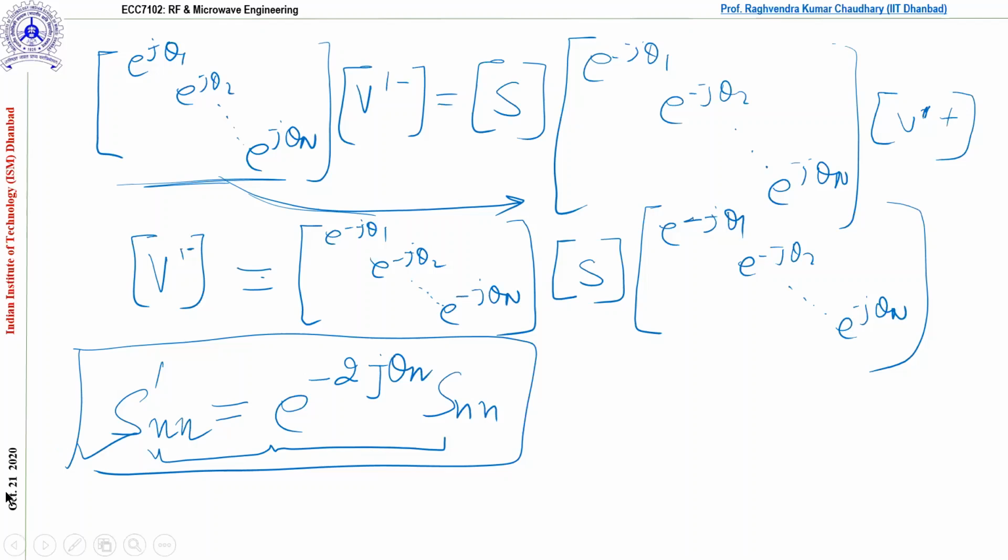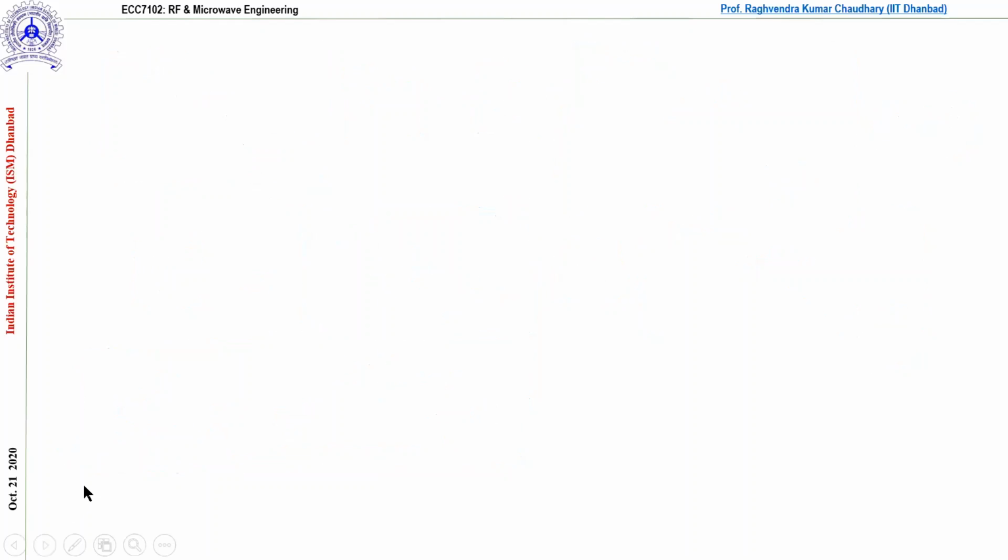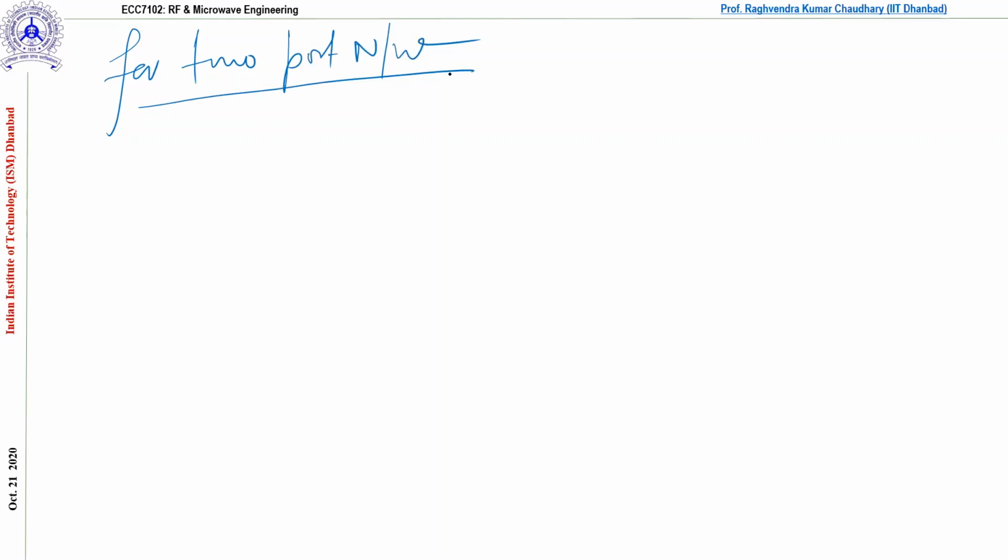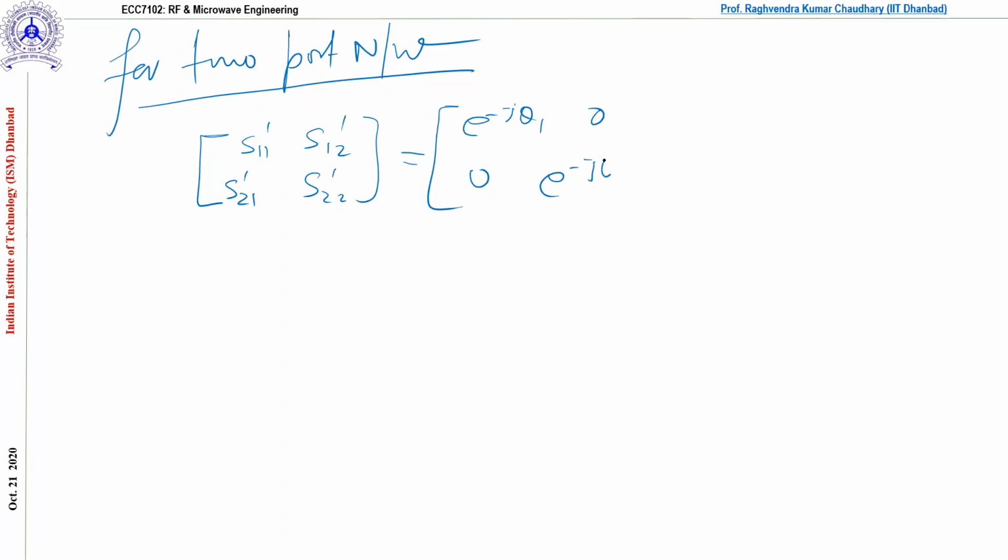Fine. Now let us quickly see these things in a two-port network, how the things will go. For a two-port network, we can write S11 dash, S12 dash, S21 dash, S22 dash is equal to e to the power minus j theta 1, 0, 0, e to the power minus j theta 2, then S11, this is the original one.